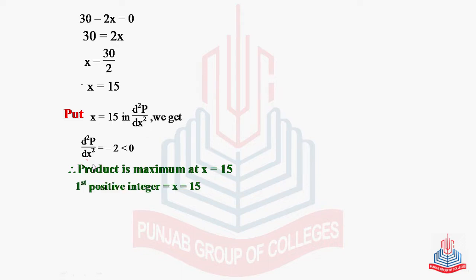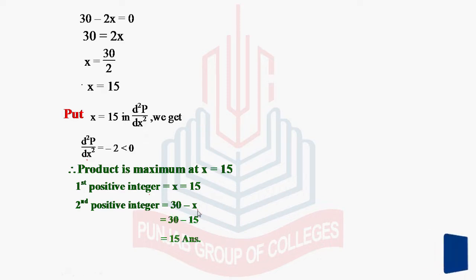As our required condition was that the product should be maximum, our first positive integer x is 15, and the second positive integer was 30 minus x. Putting in the value, 30 minus 15, the second positive integer also becomes 15.